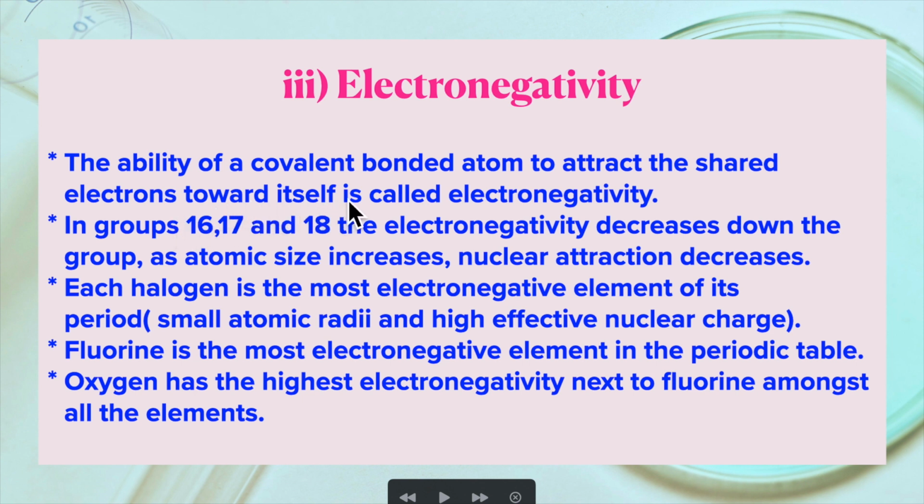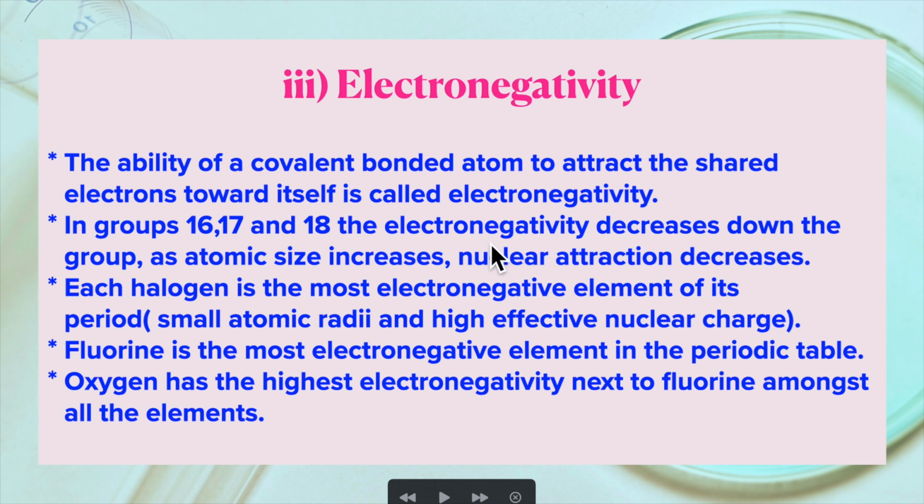you can say that the atom is more electronegative, and this electronegativity also depends upon atomic size, nuclear charge and screening effect. In groups 16, 17 and 18, the electronegativity decreases down the group as atomic size increases and nuclear attraction decreases. Remember, electronegativity is the tendency of the atom to attract the electron.